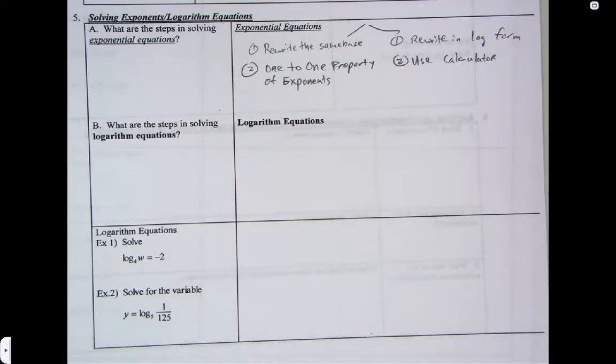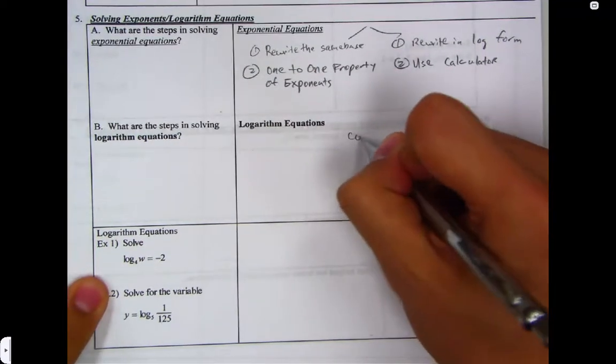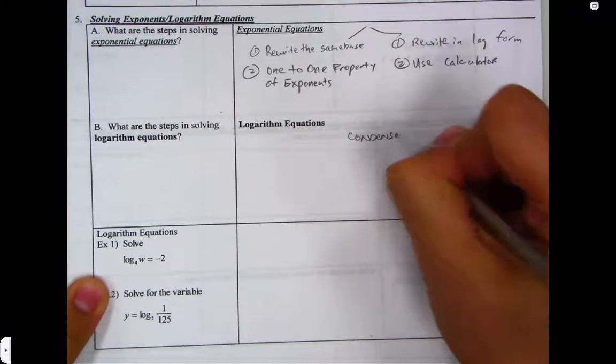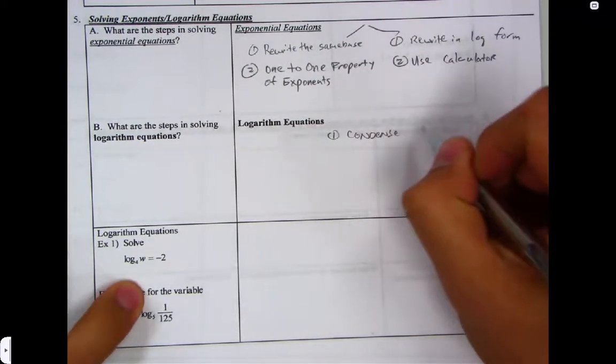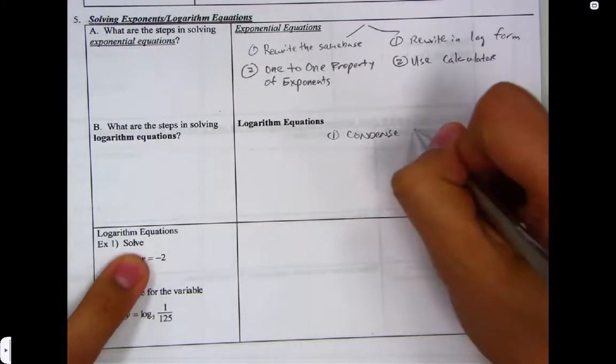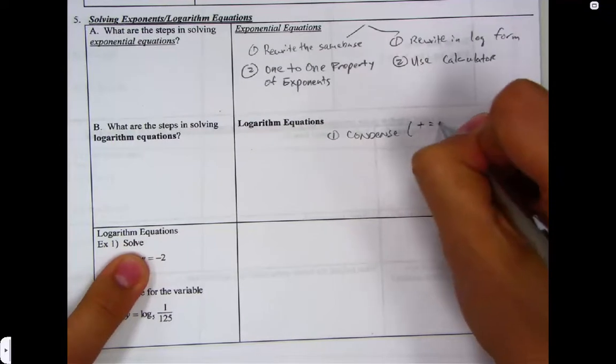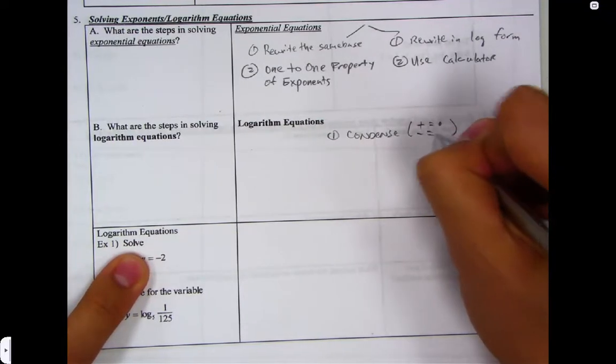B, what are the steps in solving logarithm equations? The first step is to condense if you can. That means if you have two logs on one side, plus means you multiply, and minus means you rewrite it as division.